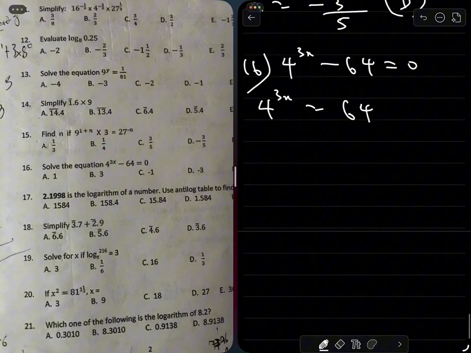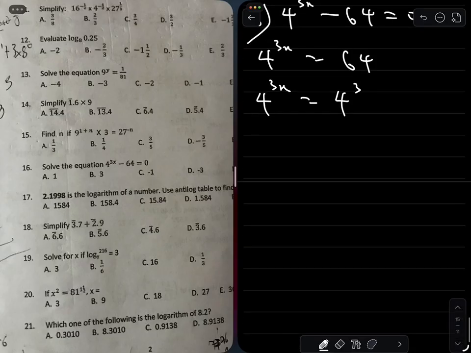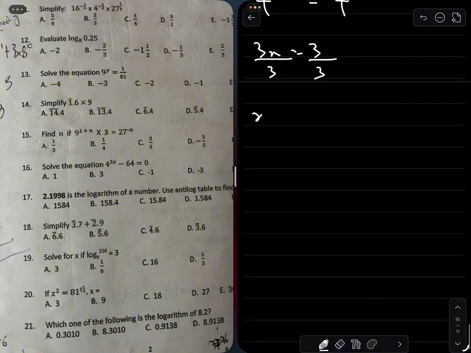It becomes plus 64. So that means 4 to the power 3x equals 64. Now you can write 64 as a power of 4, which is 4 to the power 3. And that therefore means 3x equals 3. Divide through by 3, and that means x equals 1. Look at that. x equals 1.